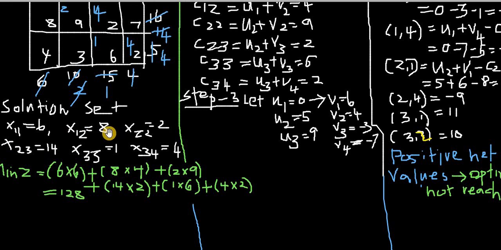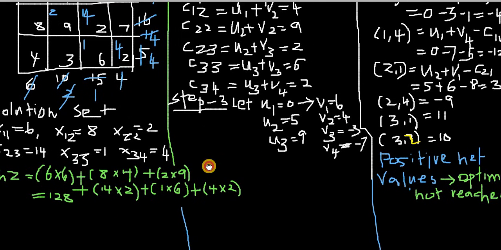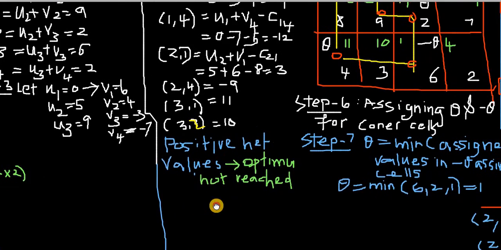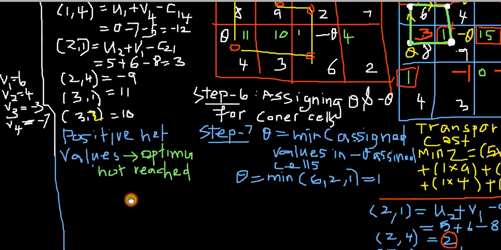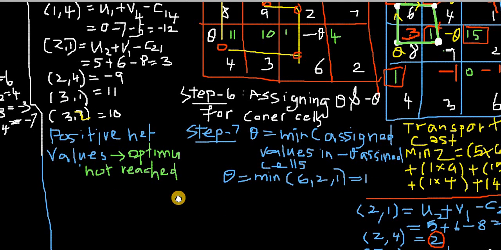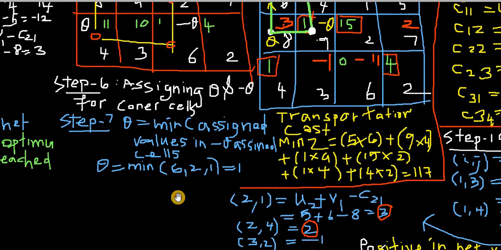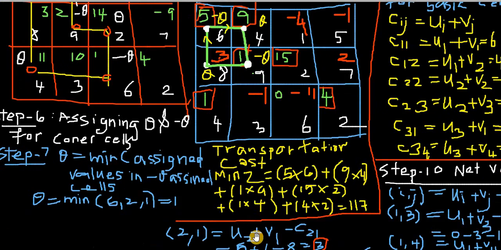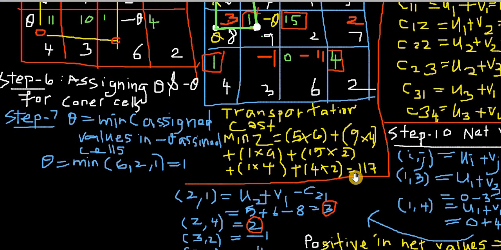If you assign like that, the total cost comes to 128. But by calculating the fixed cost and net values, and when the net values change, if a positive number comes, we assign theta and then minus theta, and do all those things afterwards. What we got is that the transportation cost is 117 rupees only.